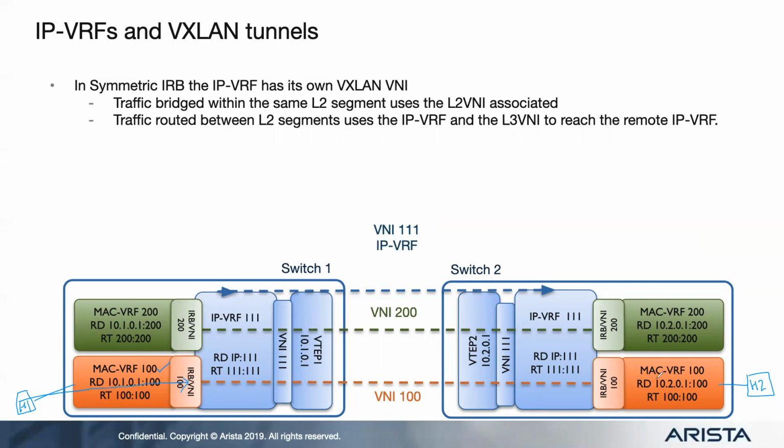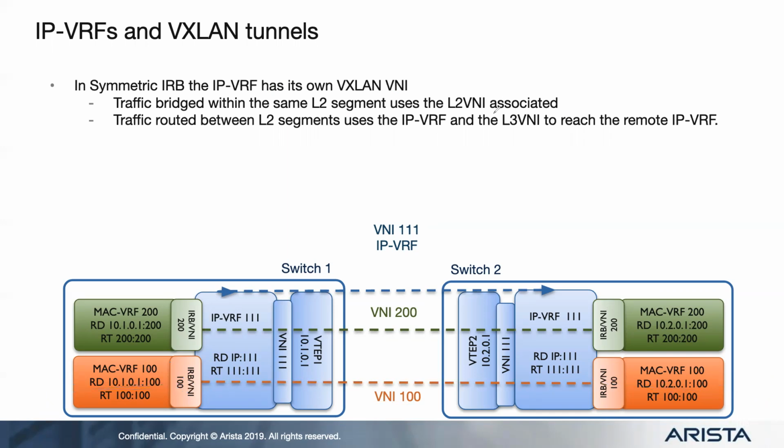Through the EVPN type 2 route, when H1 sends out an ARP request directly for host H2, you flood that packet to this VTEP, and you learn the MAC address directly for this VLAN. Then you just bridge the packet through this VNI 100. So H1 to H2 directly in the same VLAN, the traffic will be bridged, correct?